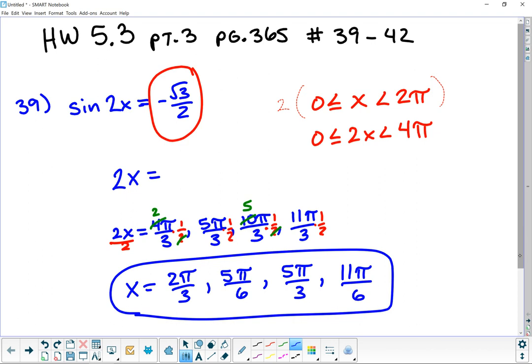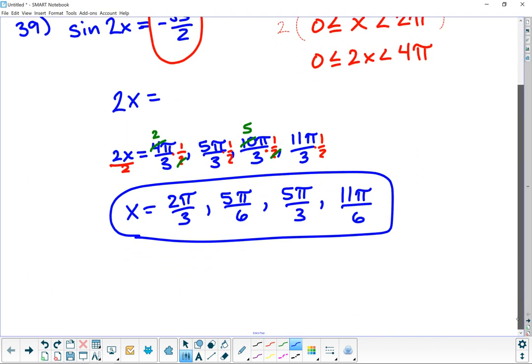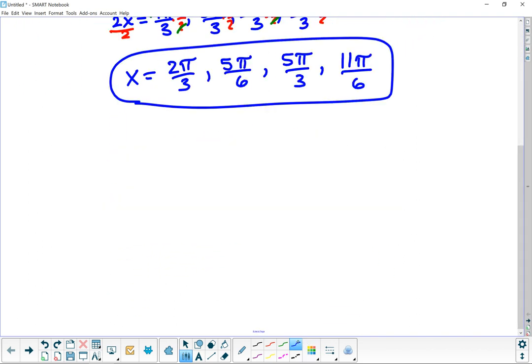All right, it's 39, 40. Secant 4x equals 2. Okay. Secant is related to the cosine, so the period for the secant is going to be 2 pi.